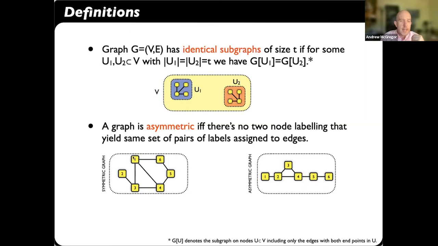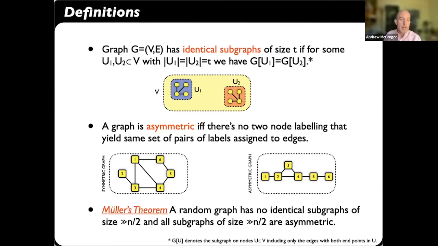Notice that if I swap the labels of node 4 and node 1 and the labels of node 6 and node 5, I would end up with the same graph. Whereas in the graph on the right, there's no way to relabel the nodes so that I end up with the same graph. So this is an asymmetric graph. This is a symmetric graph.